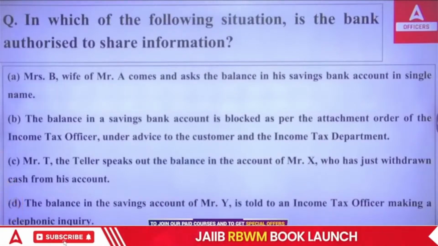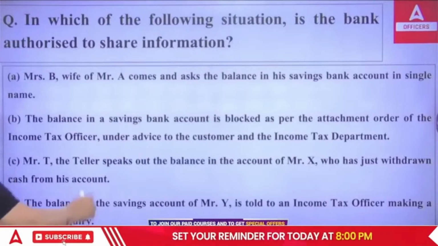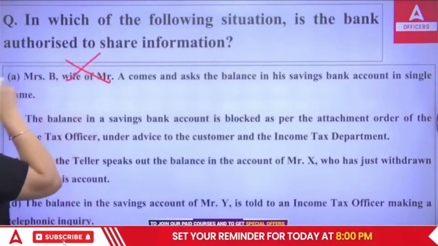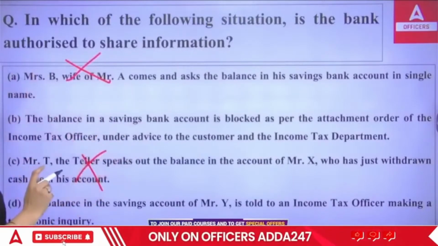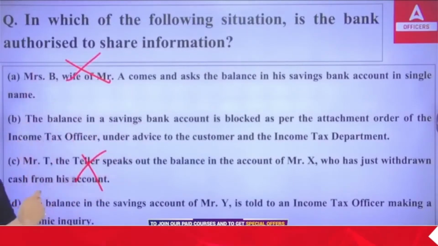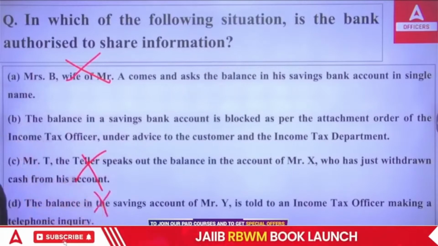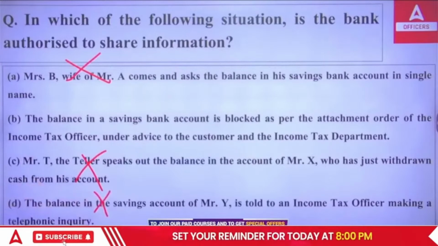So, in case the wife asks about the balance in the husband's account, it is not allowed. In case Mr. T, the teller, speaks out the balance in the account of Mr. X, not allowed. The balance in the savings account of Mr. Y told to an income tax officer making a telephonic inquiry, can't do that.